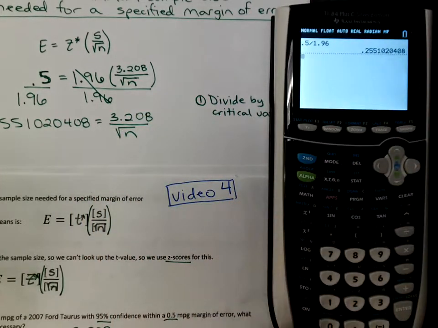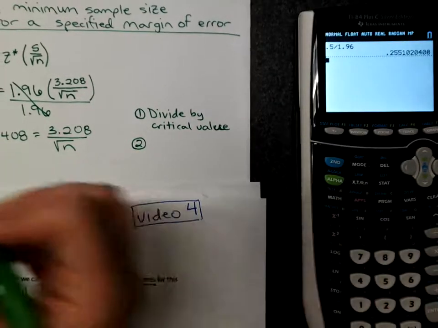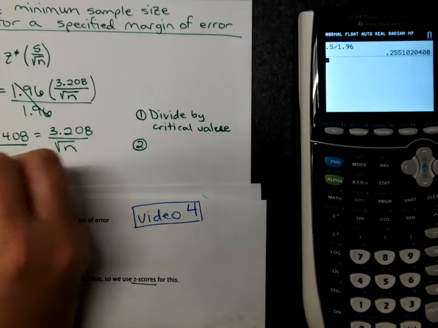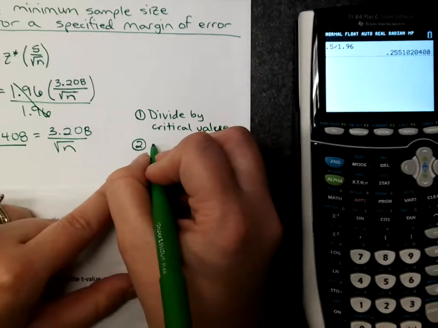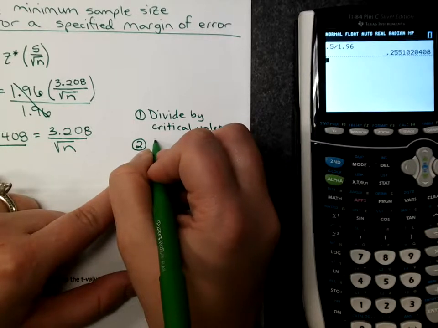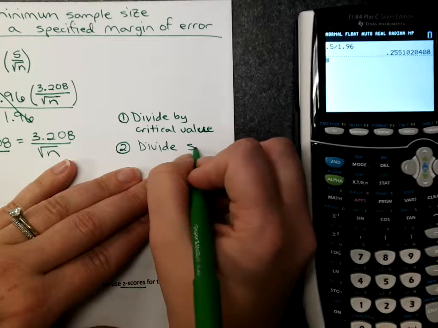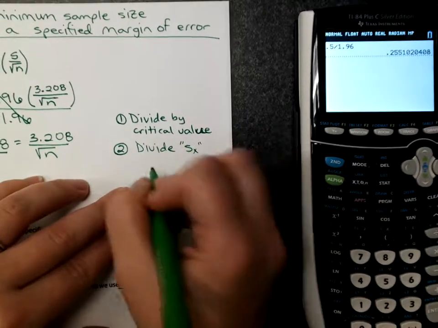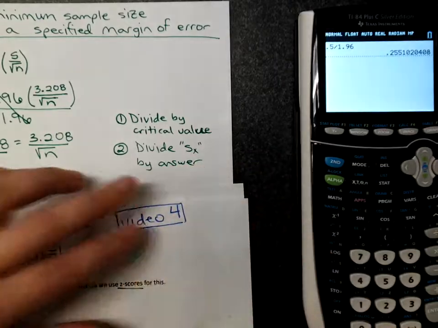So that's step 1. Step 2 can be done several different ways. You can put that crazy decimal over 1 and cross multiply. What I do is I divide the standard deviation by the answer. So I do that in the calculator.